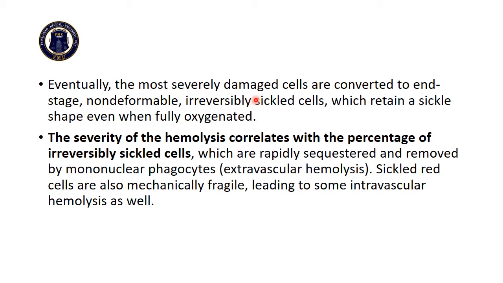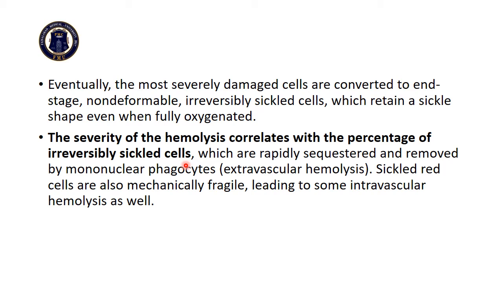Eventually, the most severely damaged cells are converted to end-stage, non-deformable, irreversibly sickled cells, which retain a sickle shape even when fully oxygenated. The severity of extravascular hemolysis correlates with the percentage of irreversibly sickled cells. These irreversibly sickled cells are rapidly sequestered and removed by mononuclear phagocytes.